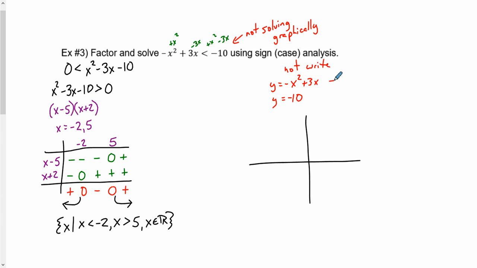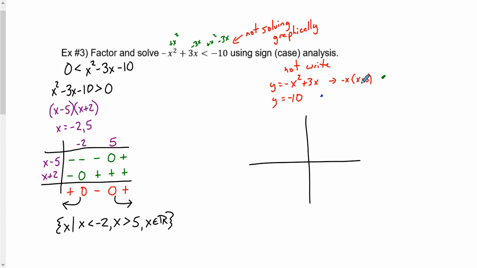So this one, I could factor out a negative x and be left with x minus 3. I'm just doing this so I can graph it a little bit nicer. So I'm going to graph this one in green, and I'll graph this one in blue.